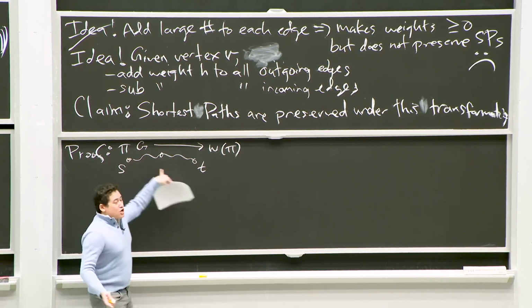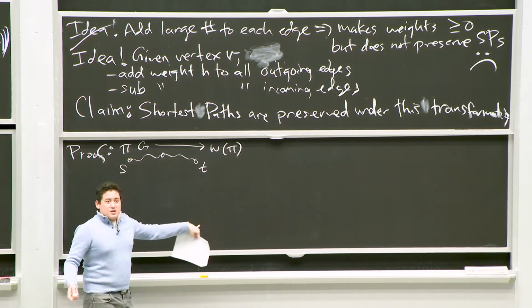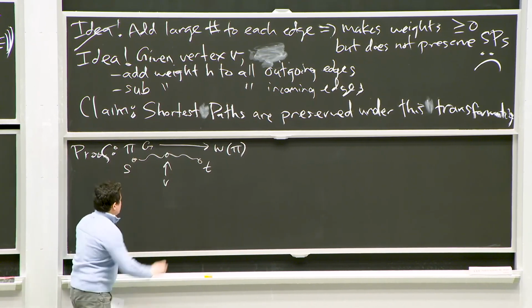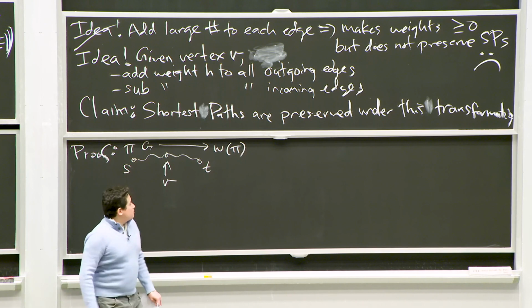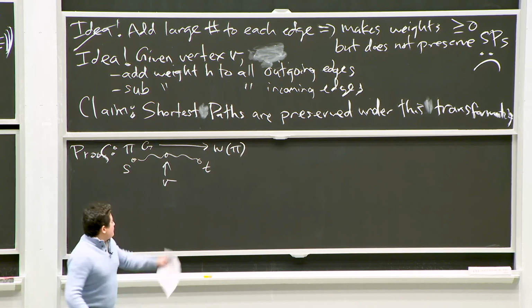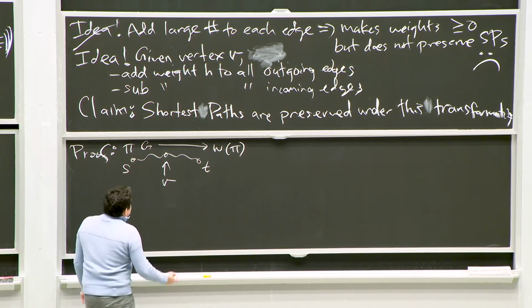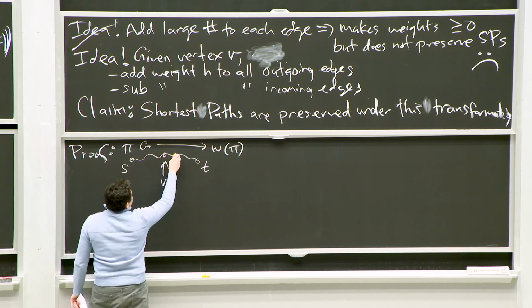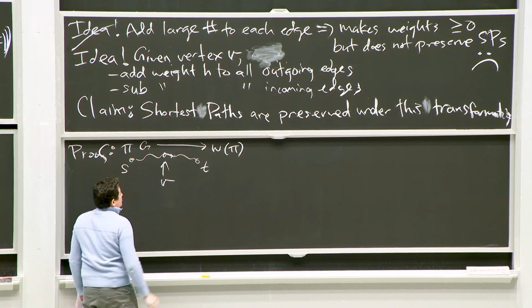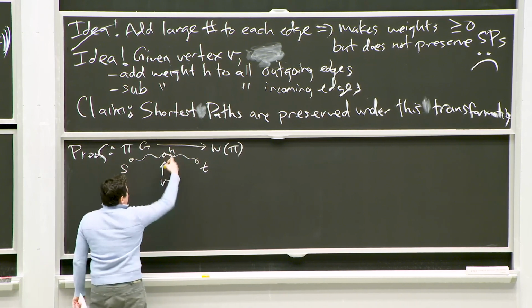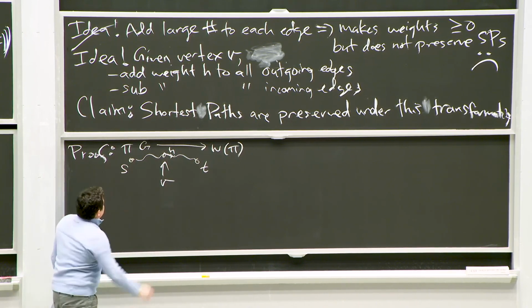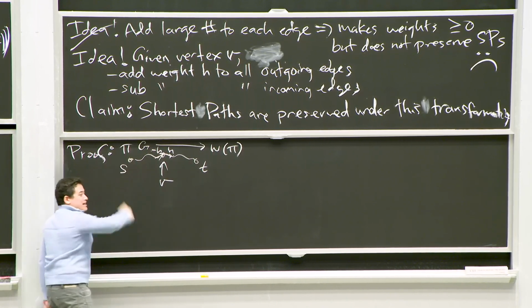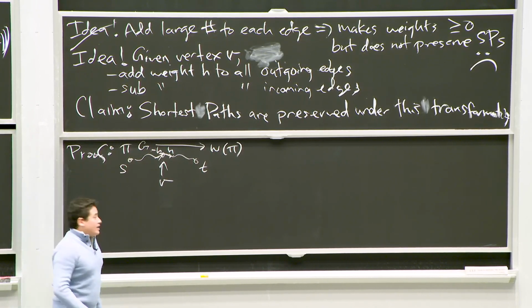Alternatively, this thing goes through V sometimes. If it goes through V in the middle, how has the weight of my path changed? Well, it hasn't, right? Because I added a number to all outgoing edges. So there's an outgoing edge here with weight I've changed by weight H. And there's an incoming edge here that I've changed by weight negative H. So these cancel out, and you've got 0, right?